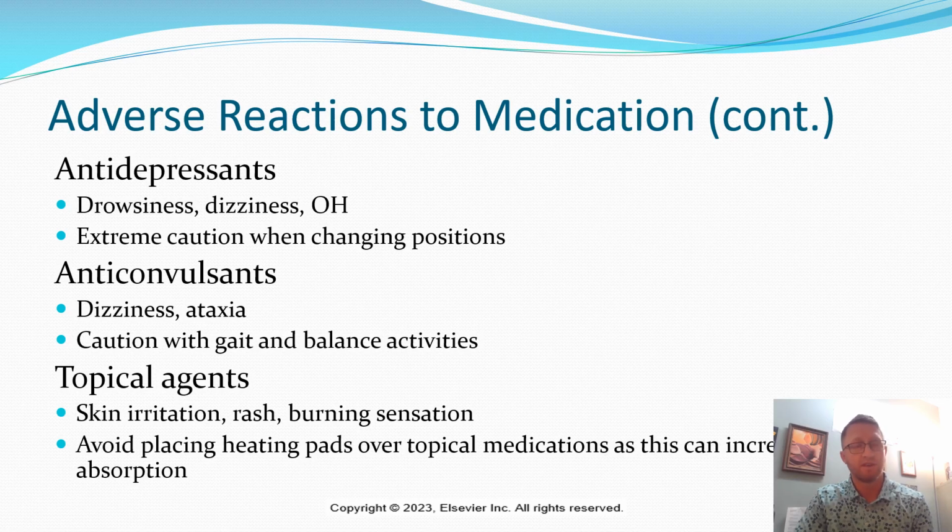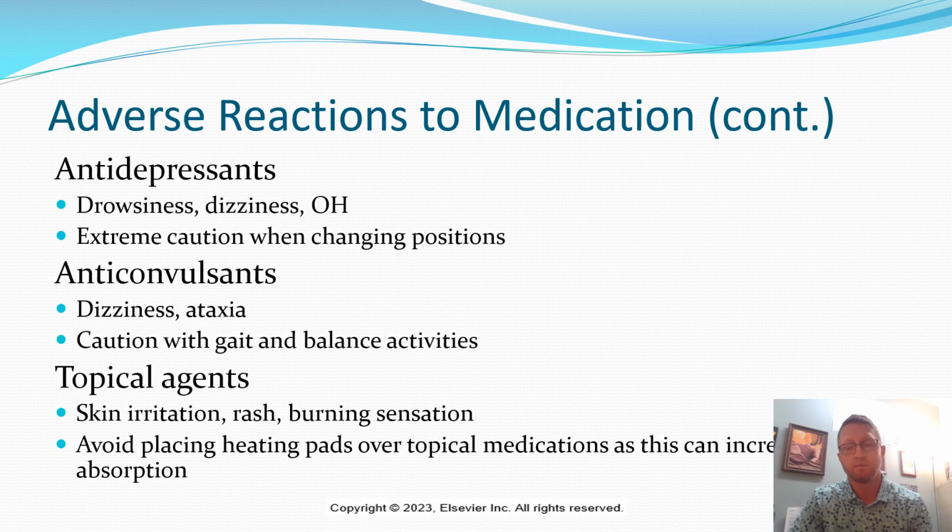For anticonvulsants, you can see some of these have very similar adverse reactions, dizziness and ataxia. So when we're thinking of a patient that has gabapentin, gabapentin decreases the speed at which some of those transmissions travel, and we'll talk about the physiology behind that in just a little bit in more courses, but it's going to decrease that conduction speed along those peripheral nerves.